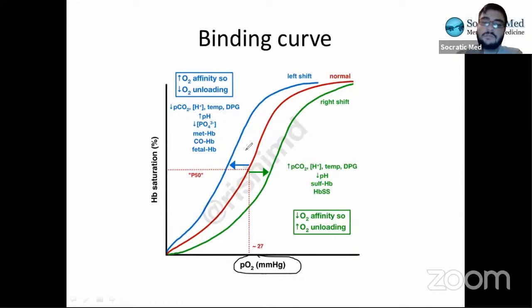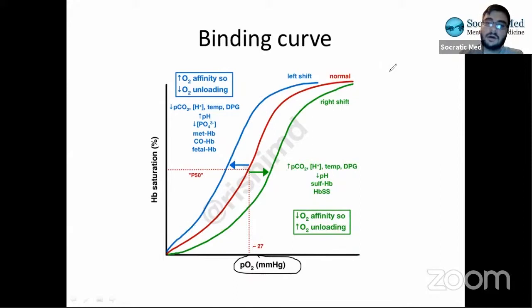So if you have a low P50 value, that means you need very little oxygen in order to saturate a lot of hemoglobin, meaning high affinity. If you have a high P50 value, that means you need a lot of oxygen in order to saturate the same amount of hemoglobin, meaning you have a low affinity. Okay, low P50, high affinity; high P50, low affinity.